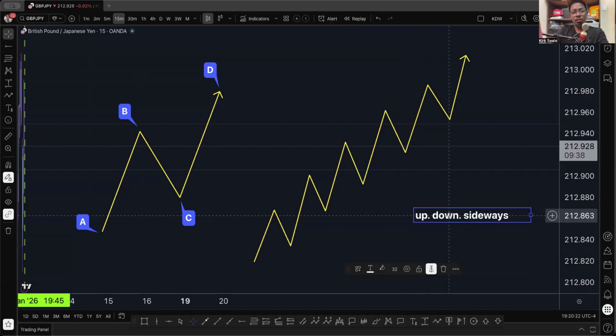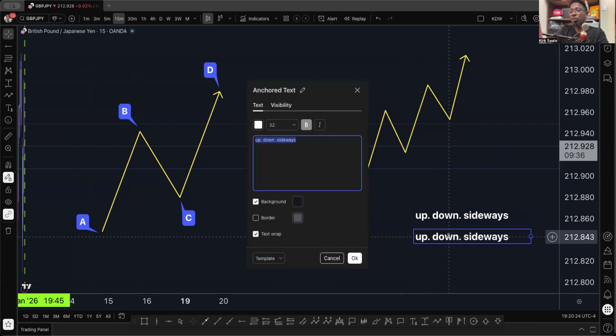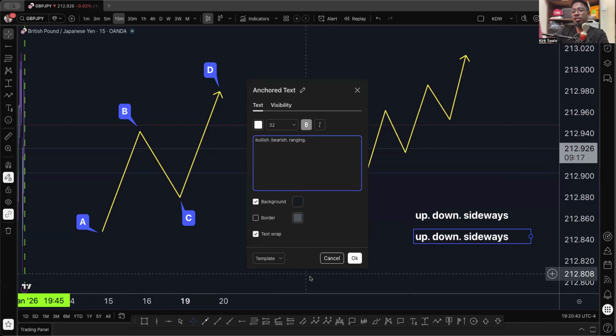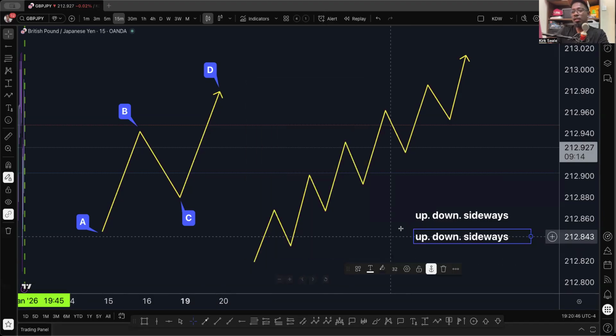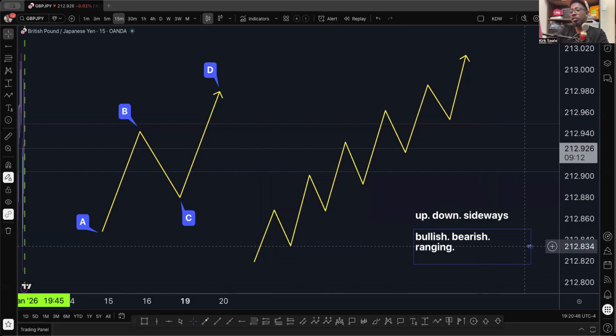When we say price is going up, we say that it is bullish. When we say that it's going down, we say that it's bearish. And when we say it's going sideways, it is ranging. All right, so these are just some trading terms that you can take for your notes.